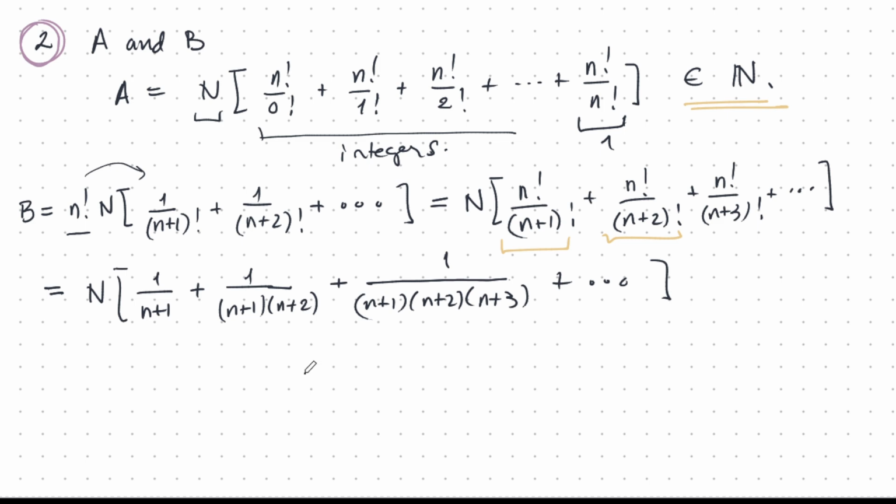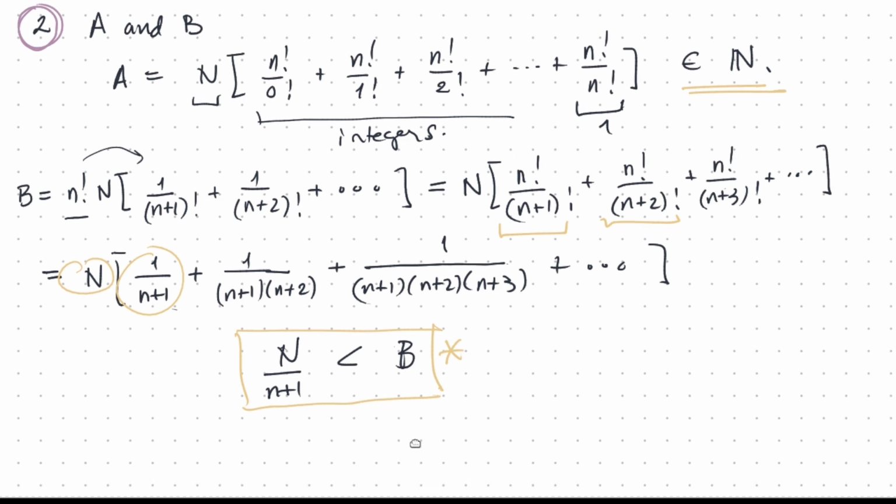That's just a straightforward division of each one of these terms here. Now, every one of these terms is positive, so what this tells me is the following. B is for sure bigger than the first term here times n. So I know this. This is our first result about B.